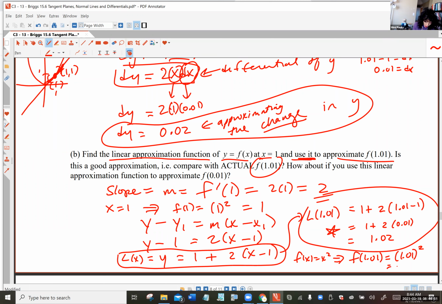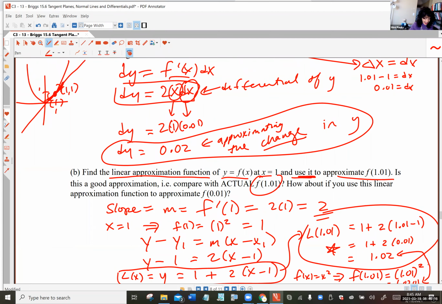I get 1.0201. So that's the actual f evaluated at 1.01. So now what I'd like you to do is compare these two values. Are they pretty good? Are they pretty close? Using the tangent line, is that a pretty good approximation of the actual function?